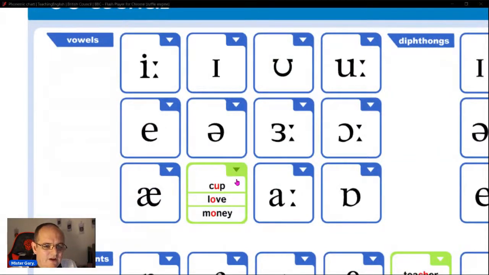We could have cup. We could have love. And we could have money. Everybody likes a bit of money. Alright, so once you've got that, then it's going to be a bit easier.